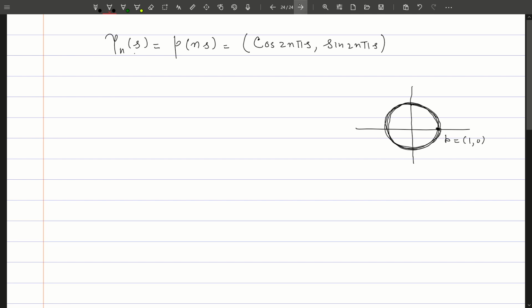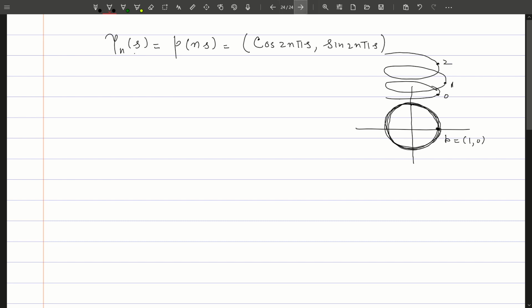Now we have to look at the lift of this gamma n. We have the real line here like this, so let us mark this as point 0, this is point 1, this is point 2.